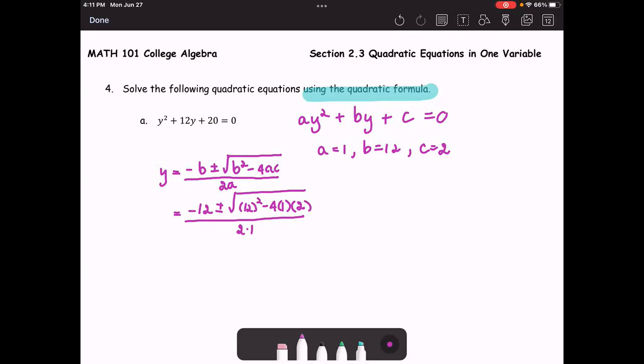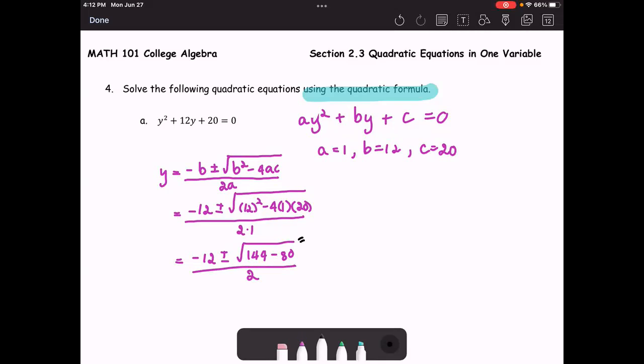Then we will get the simplified form of the numerator as negative 12 plus minus square root of 144 minus 80, since c is 20, all divided by 2.